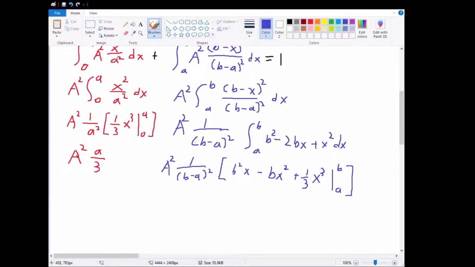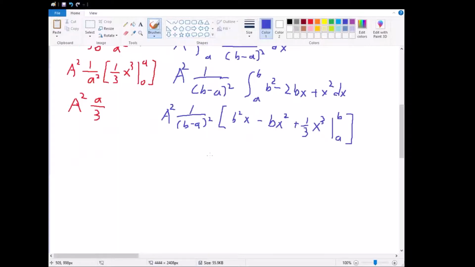From here, we just have to plug everything in, and I won't bother with the math here just to save some time, but this should end up canceling into (b minus a) cubed... all divided by 3, giving A squared times (b minus a) over 3.